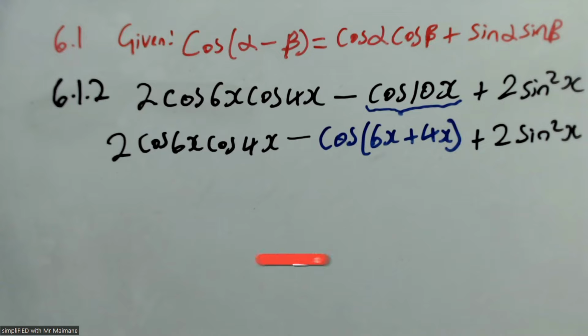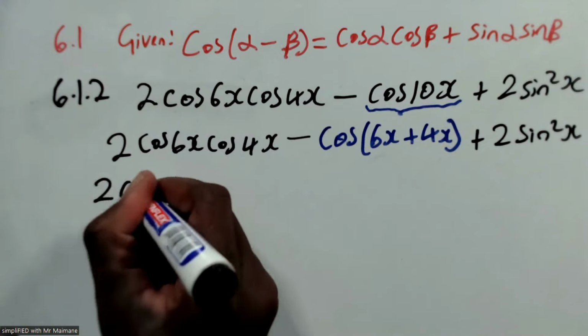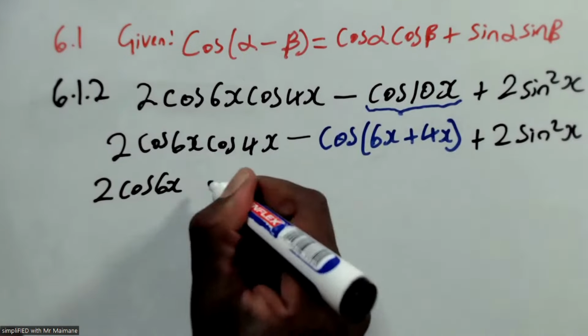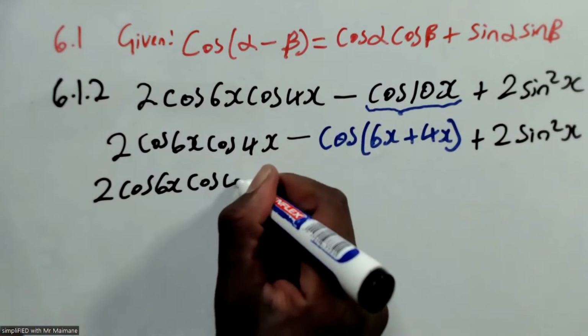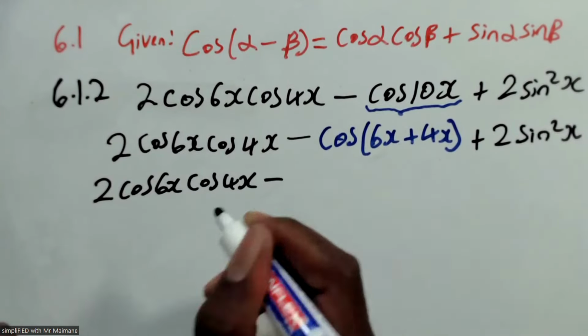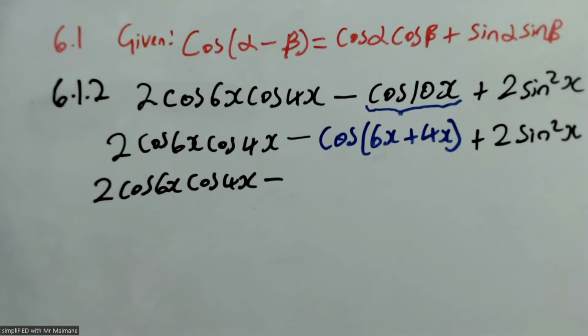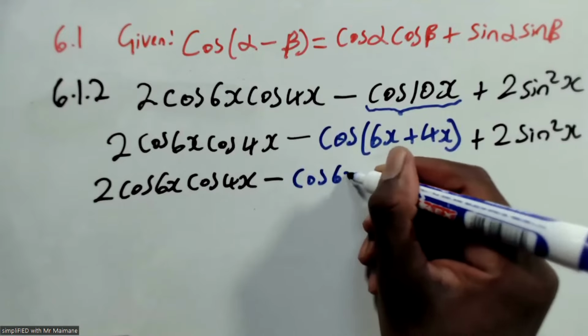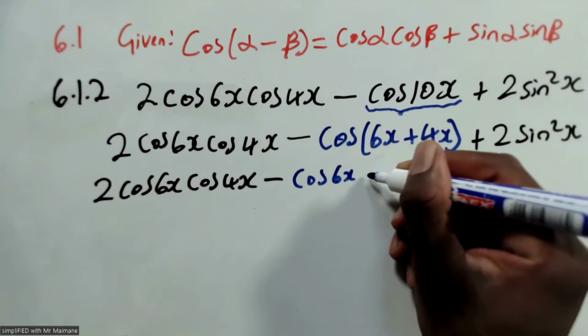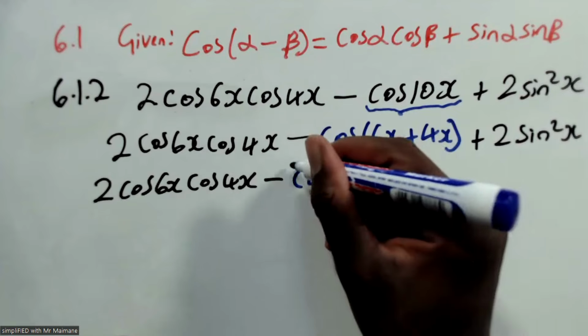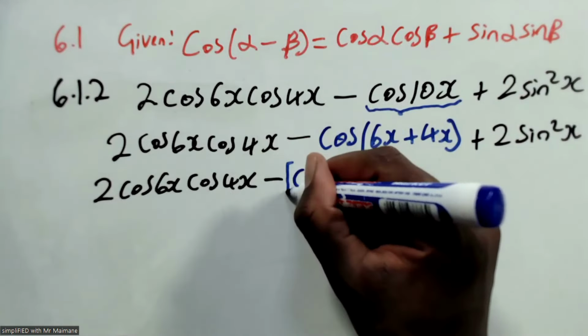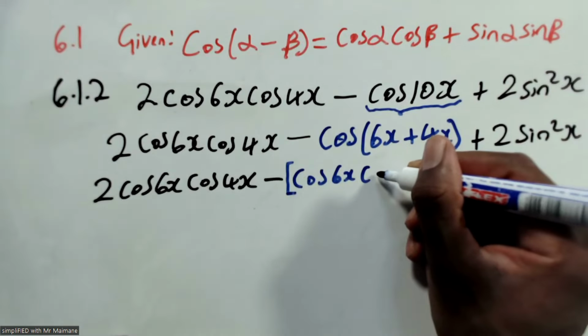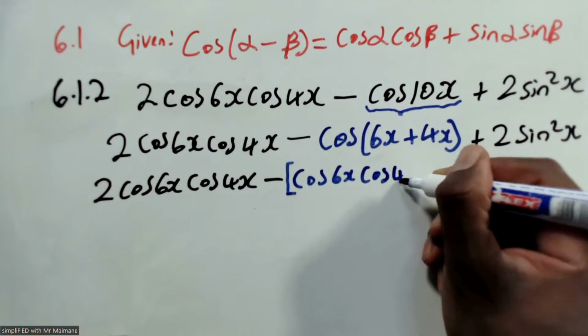So this will then give me minus cos 6x cos 4x.